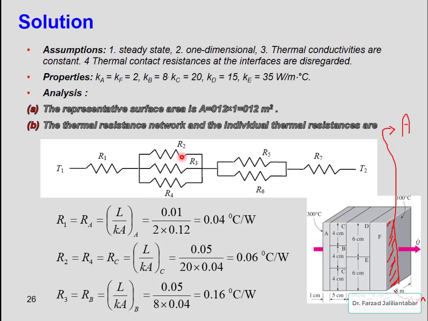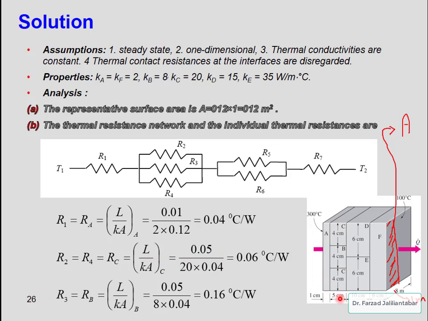Then to calculate R2 and R4, we have again thickness divided by thermal conductivity of material C times surface area of this part. As you can see here, the dimensions are the same for these two parts, also the material is the same, so the conductive thermal resistance for these two parts is also the same. We can calculate like this.